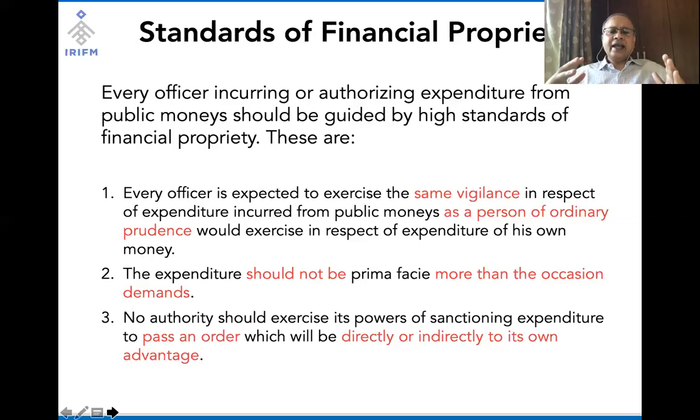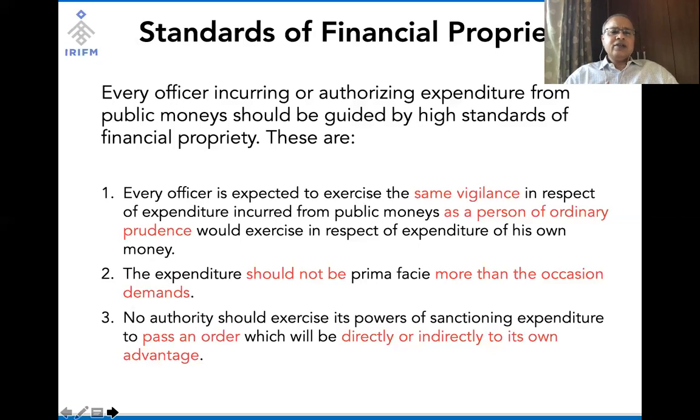For that reason, when a person of higher stature or authority is visiting, I might incur expenditure which could be a little higher than for a person of my equal stature, and that's the essence of the second standard of financial propriety.